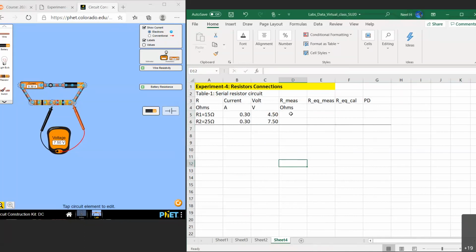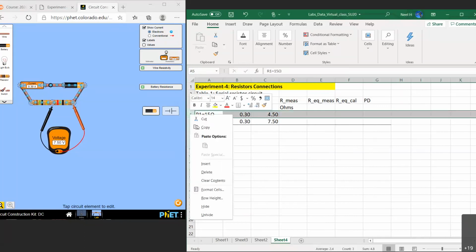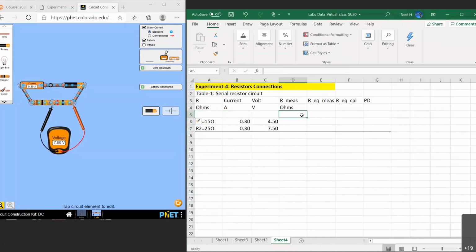Then we'll measure the resistance for each one of the resistors by using the measured voltage and current. By applying Ohm's law, the resistance is equal to V divided by I, right? So that's how we're going to measure resistance, which means equal sign, measured voltage divided by measured current.